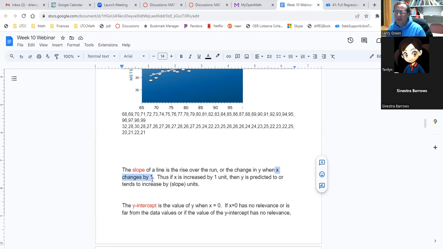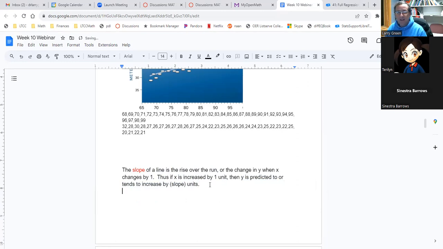Any number can be written as a fraction by putting it over 1. Does that make sense? So what that means is that if x is increased by 1 unit, then y is predicted to, or tends to, increase by the slope, in slope units. Any questions on that idea?